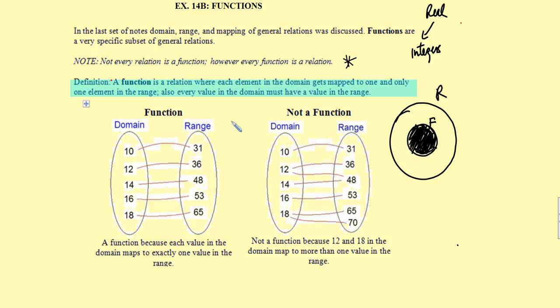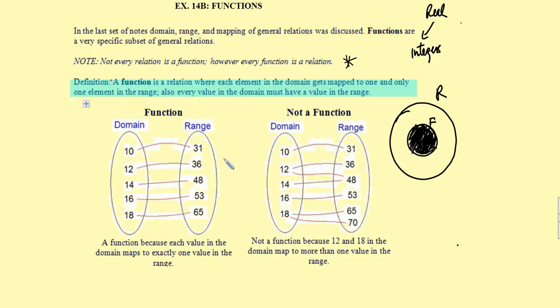So let's take a look at what a function is. If we drew a mapping diagram, as we had seen in one of the first couple of lessons, with the domain 10, 12, 14, 16, and 18, and the corresponding range 31, 36, 48, 53, and 65, that is considered a function because every value in the domain maps onto exactly one value in the range.